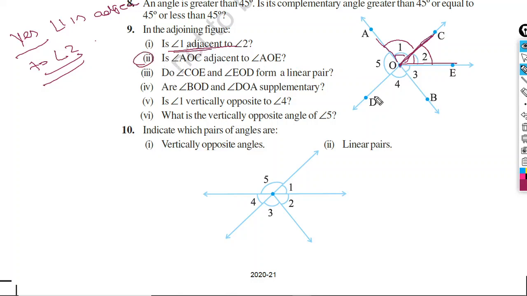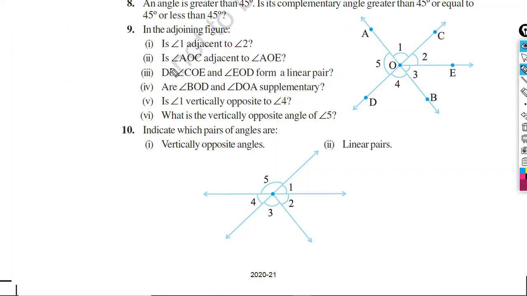Now we'll move to part two. Is angle AOC, look at the figure, AOC, this angle, adjacent to angle AOE? Look at the figure, AOE, this angle. Yes or no? No. Because why?